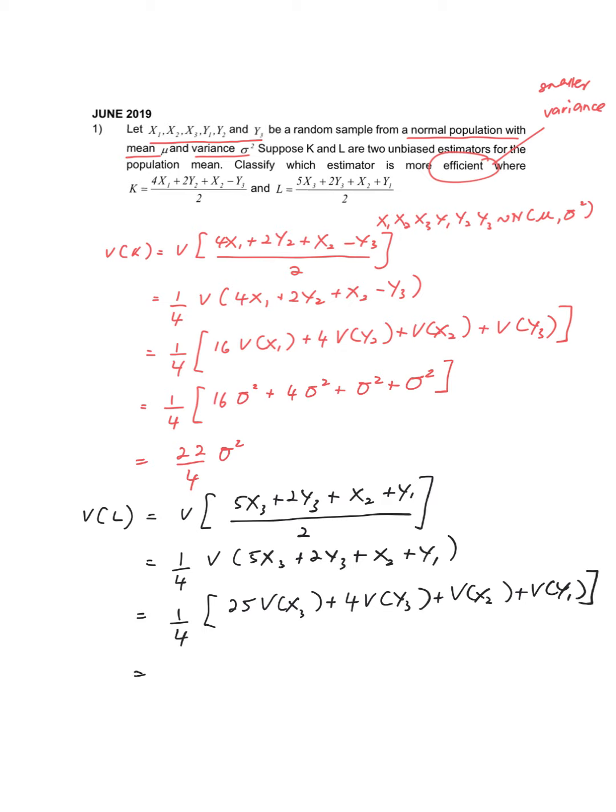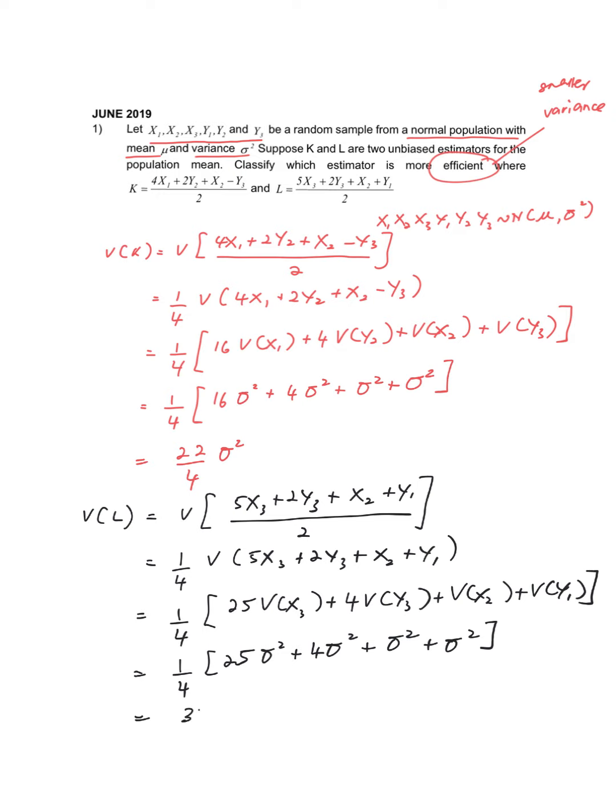Okey, so kita boleh ganti 1/4 darab dengan 25 kali dengan sigma square tambah 4 sigma square tambah sigma square tambah sigma square. So finally kita akan dapat 9, 30, 31. Betul tak?